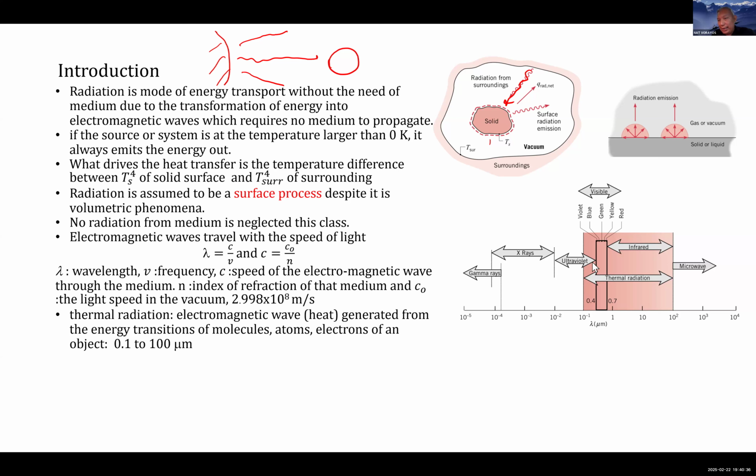The wavelength that we can see is between here and there, 0.4 micrometer to 0.7 micrometer. This is the spectrum of the white light.